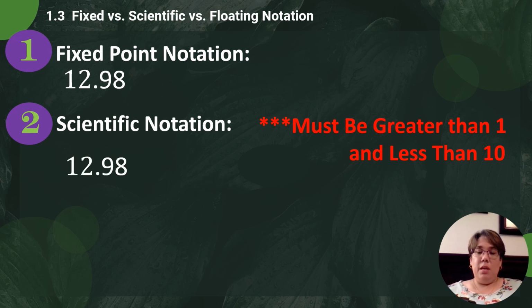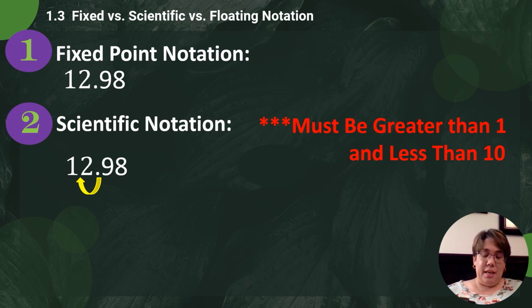So when we look at 12.98, it fits the first part of this rule that this number is greater than 1, but it is not less than 10. So in order to fit this, scientific notation rules says that you have to move your decimal place. So what we're going to do is move our decimal place one time, or as many times until you fit this rule.